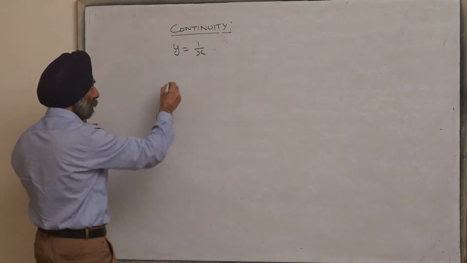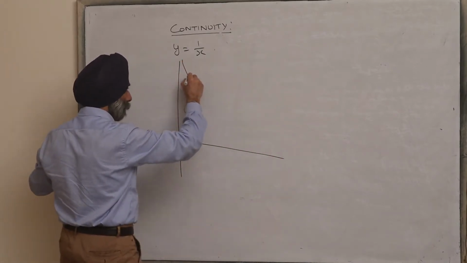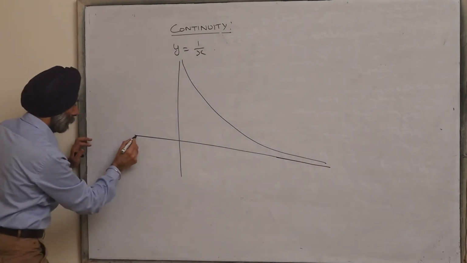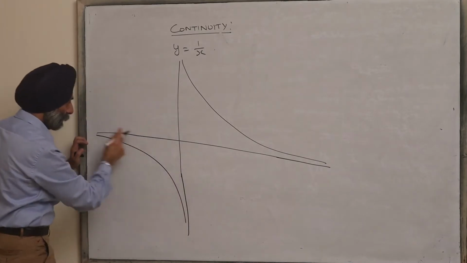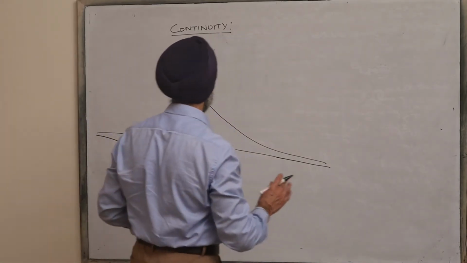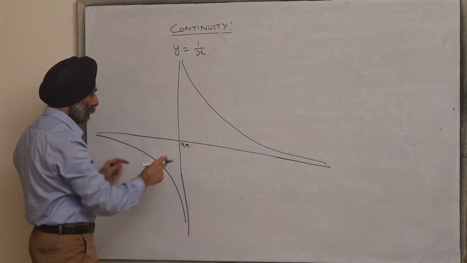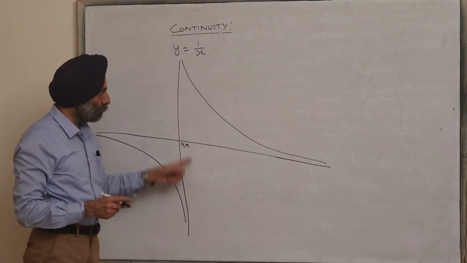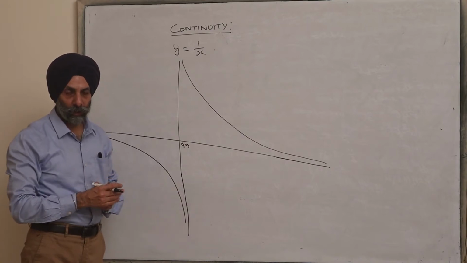This is your rectangular hyperbola, and the graph of this function is like this. The x-axis and y-axis are the asymptotes of this function. You can see that at x is equal to 0, this function is discontinuous. It is not continuous here.